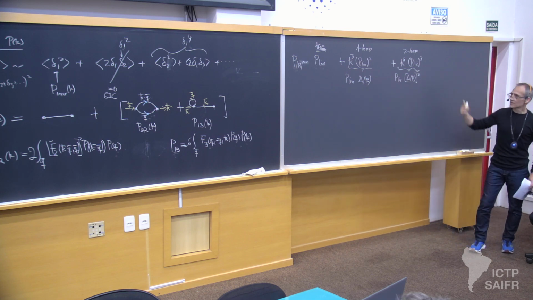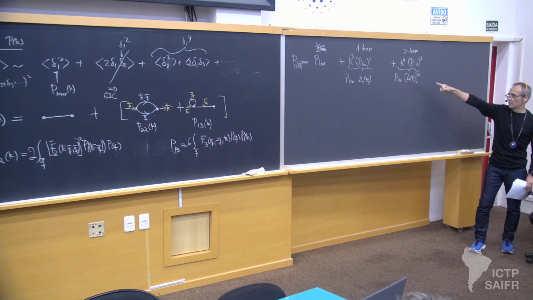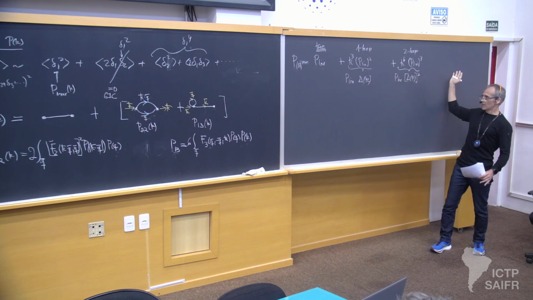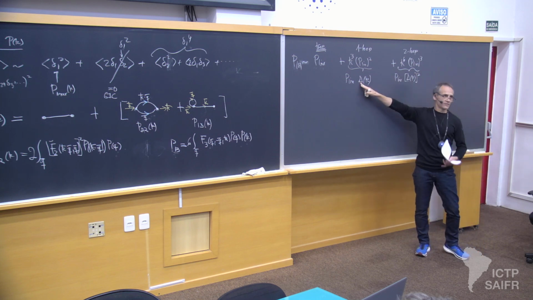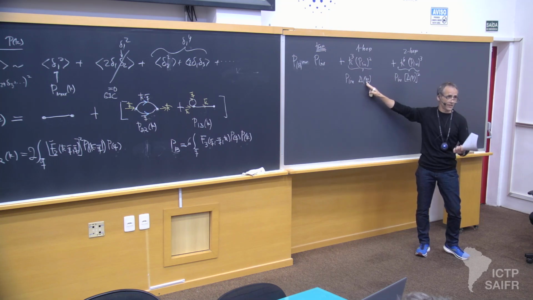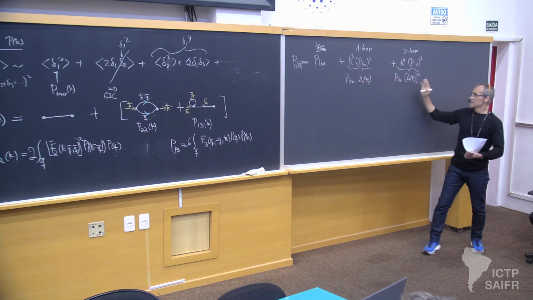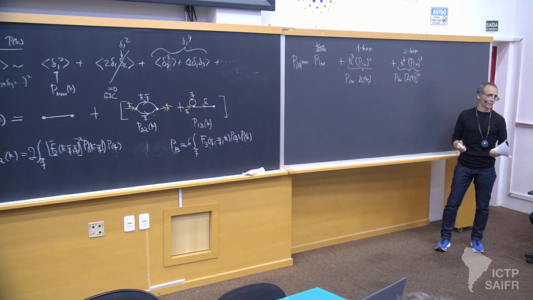So each time I do one more loop, I'm adding one power of the dimensionless power, okay? And so that's telling me that this series is going to converge as long as this dimensionless power, which measures the amplitude of fluctuations at a given k, remember it's a physical thing, is smaller than 1. This is going to be a series that has a good chance of converging, okay?